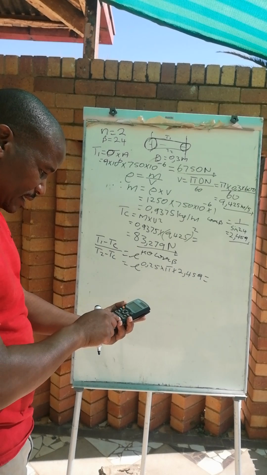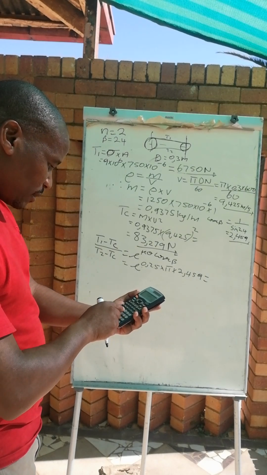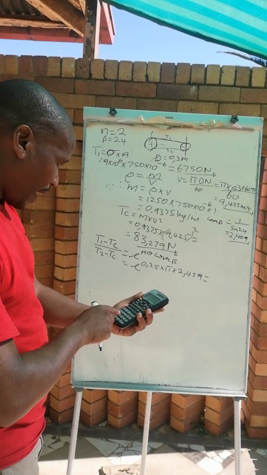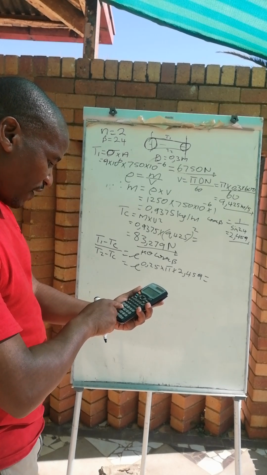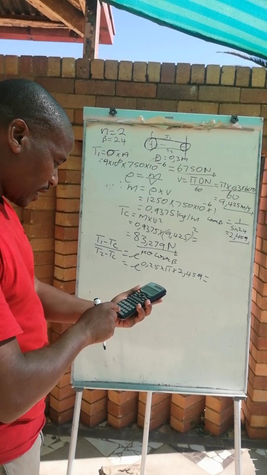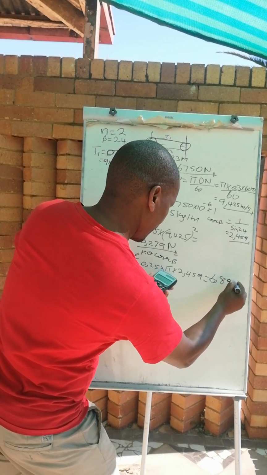Second function ln of 0.25 multiplied by pi multiplied by 2,459, closing brackets. Answer: 6,898.